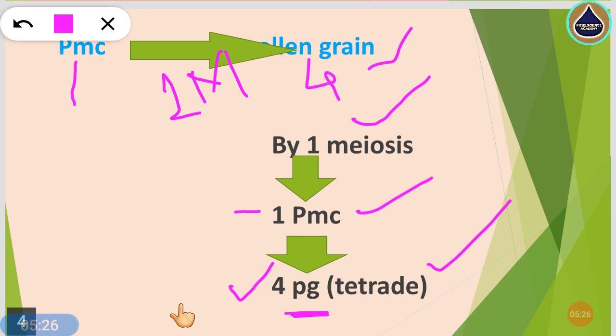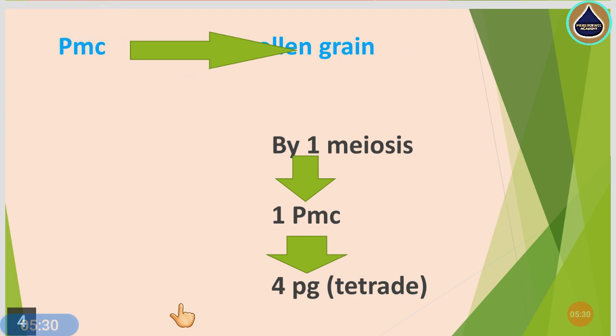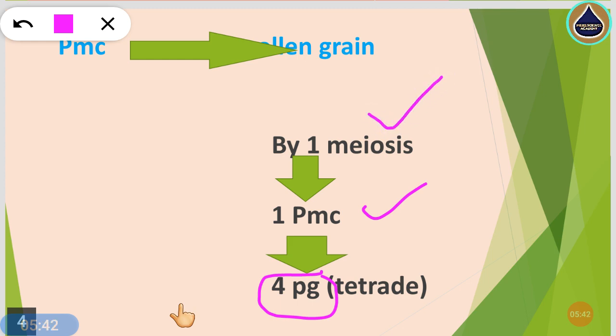This is the formula. So for the 4 pollen grains, one pollen mother cell, by one meiosis type of cell division, converts into 4 pollen grains, a structure which is called a tetrad.